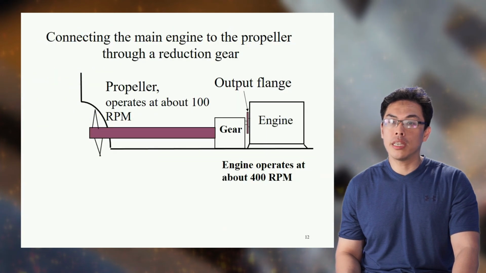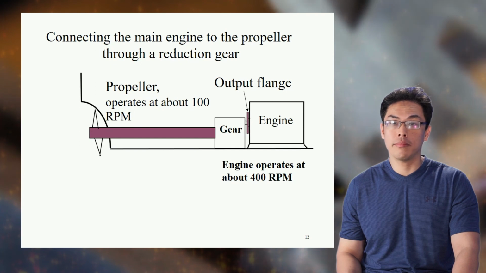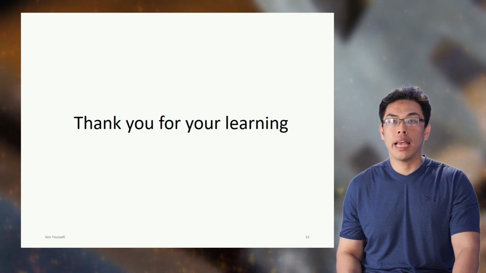The reduction gear connects the main engine to the propeller. The propeller operates at 100 RPM. The engine operates at about 400 RPM. Thank you for your learning and listening.